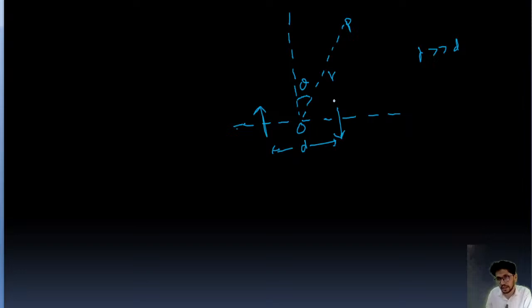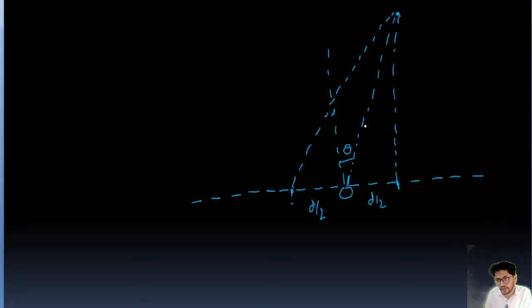This is given, right? This angle is theta. This distance is r. Suppose this distance is r1 and this is r2. Okay, this is the point P, and these are the dipoles.